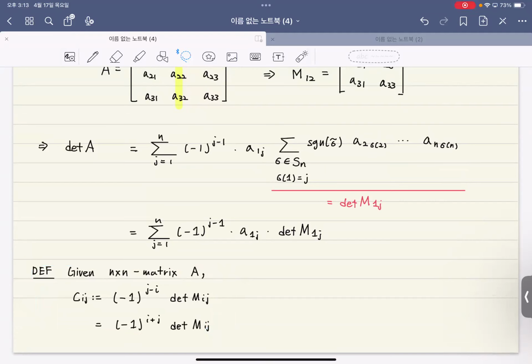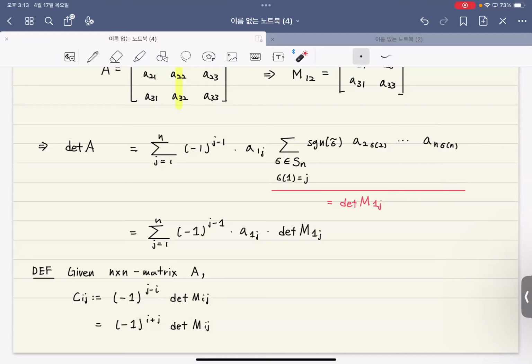In order to make my notation more compact, this is called the cofactor. Given an n by n matrix A, Cij is defined to be minus 1 to the j minus i times the determinant of the n minus 1 by n minus 1 matrix Mij. But the parity of j minus i is always the same as the parity of i plus j.